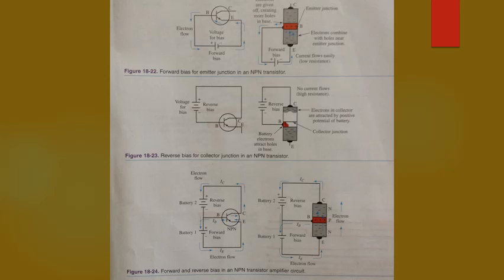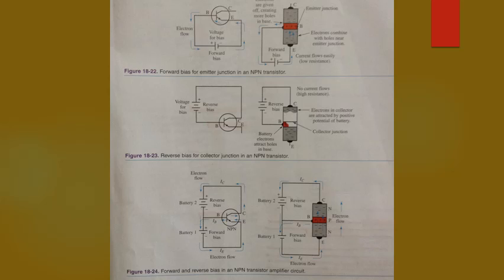Figure 18-22, top of your screen, voltage applied to these elements with the correct polarity will create current flow. This is known as forward bias. Reverse bias is needed in the collector junction of an NPN transistor, figure 18-23.